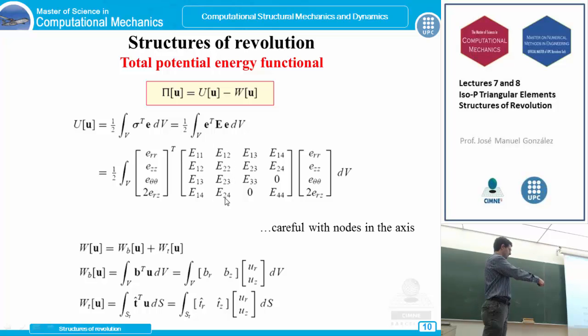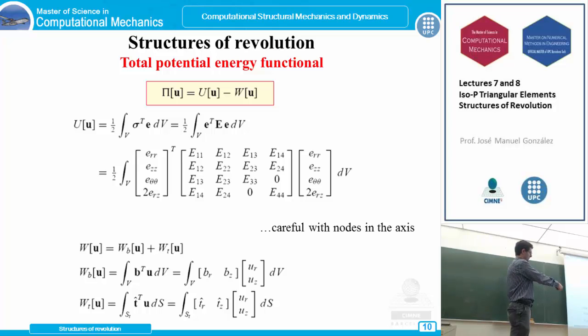In fact, these two values and these two values are 0 again if the material is isotropic, and we want to calculate this integral over the volume of the structure. Take into account that we are integrating in the whole volume, so the axisymmetric volume, not only the cross section, but the axisymmetric volume of the structure, which is the one we are interested in.